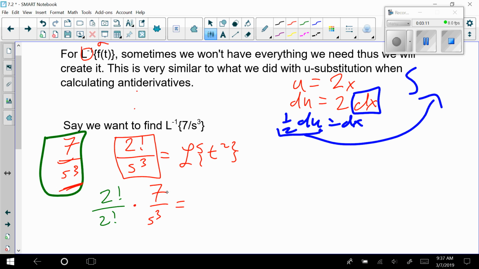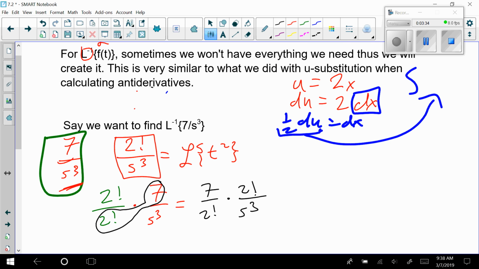I can easily manipulate this, so it'd be 7 over 2 factorial times 2 factorial over s cubed.